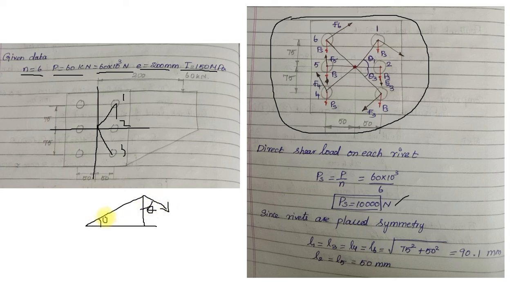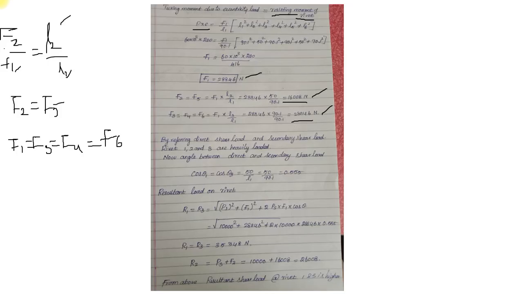This theta is equal to this theta 1. I know this value is 50 and this value is L1. So cos theta is equal to 50 divided by L1, and cos theta 1 is equal to cos theta 3.